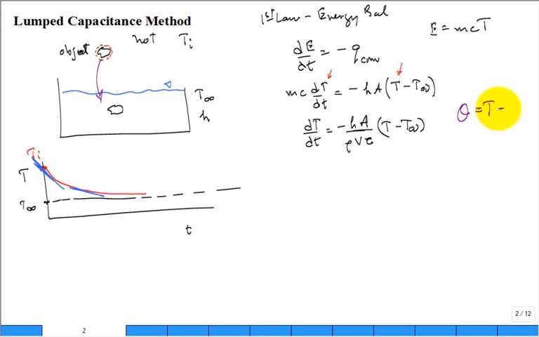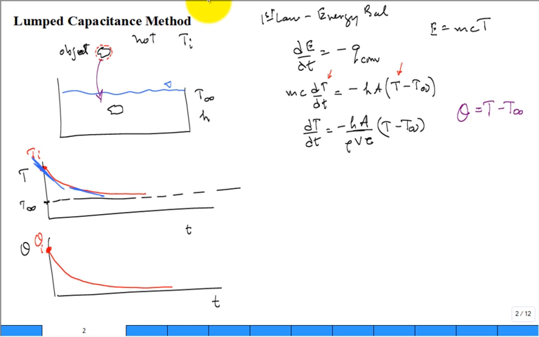That's just T minus T infinity. You can plot theta as a function of time. What does theta do? It starts off at theta initial. What does it go to after a long time? The temperature difference theta goes to 0. And so it's the same shape and everything else, but it's a little simpler.